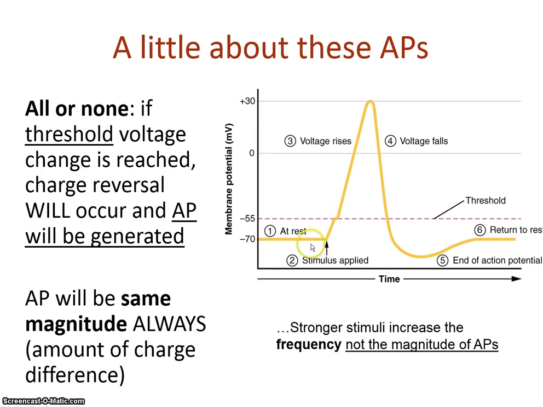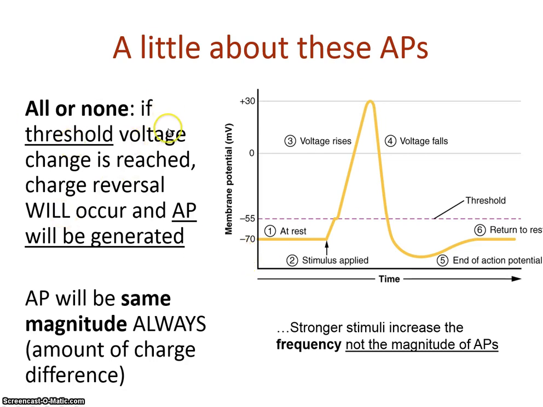What it's going to cause is this change to be more frequent. So the frequency of the change is going to increase, and that is going to be translated by the brain into an increase in the stimuli. So stronger stimuli increases the frequency, but not the magnitude, which is plus 30 here, of the action potentials.